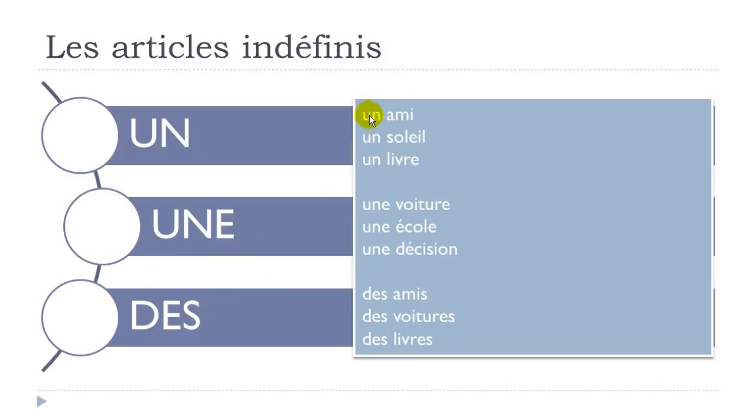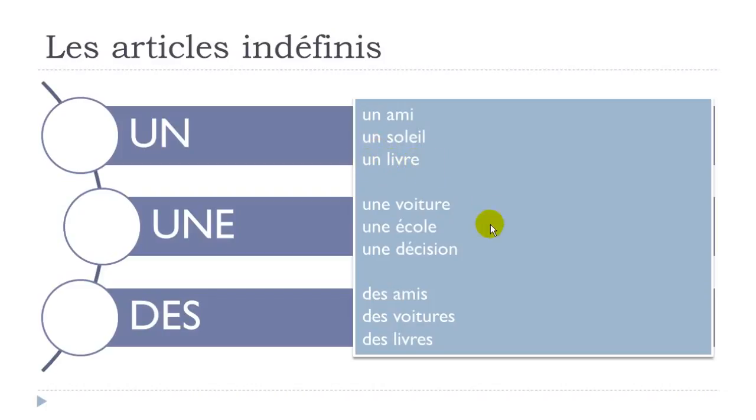Here ami means friend. Un ami, and then we tend to make this little link between the two. Un ami. Soleil, sun. Un soleil. Livre, book. Un livre.